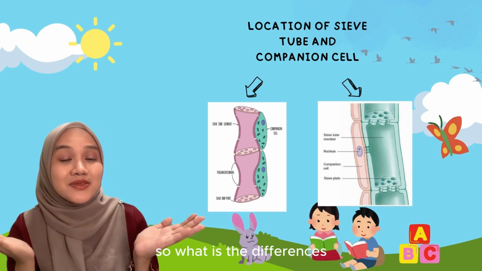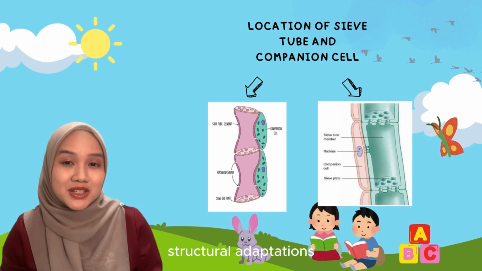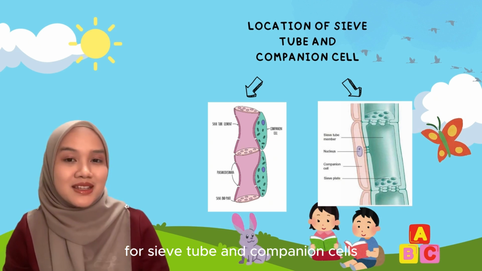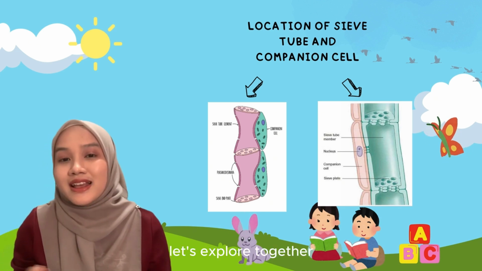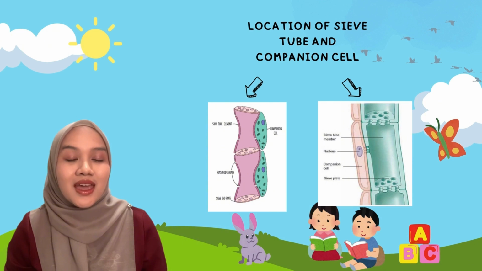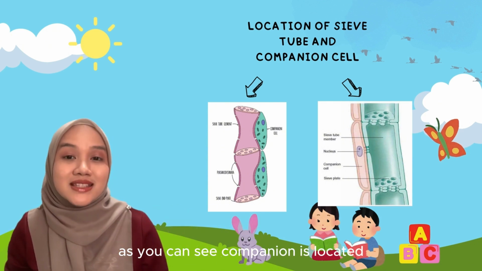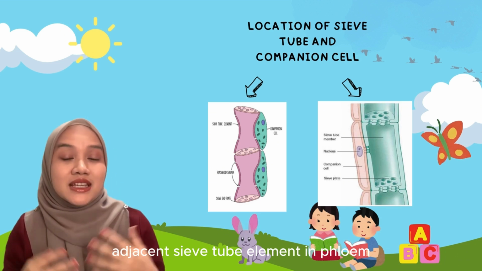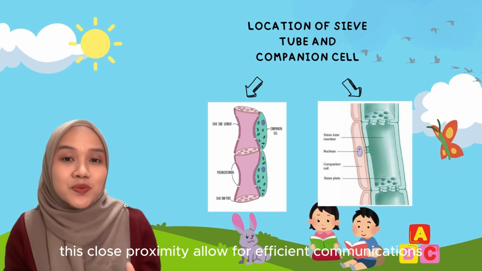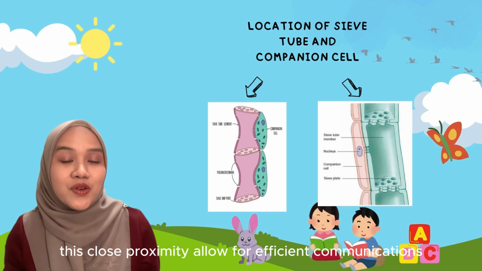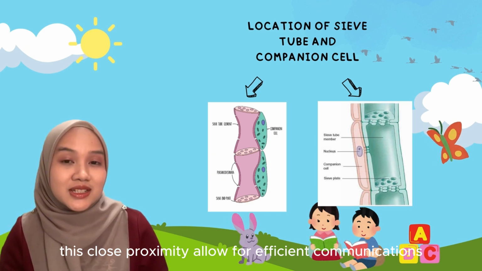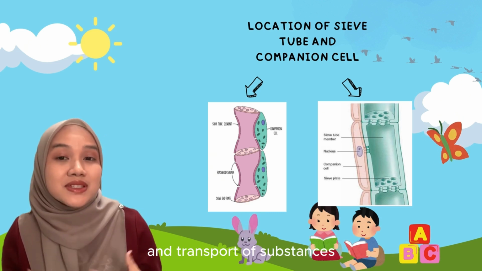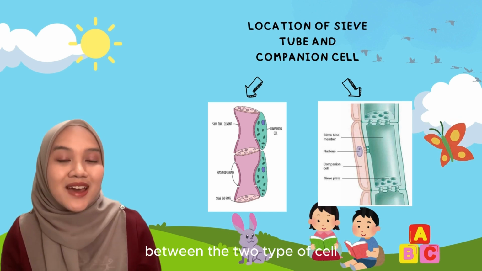So what are the differences in structural adaptations for sieve tube and companion cells? Let's explore together. As you can see, companion cells are located adjacent to the sieve tube element in the phloem. This close proximity allows for efficient communication and transport of substances between the two types of cells.